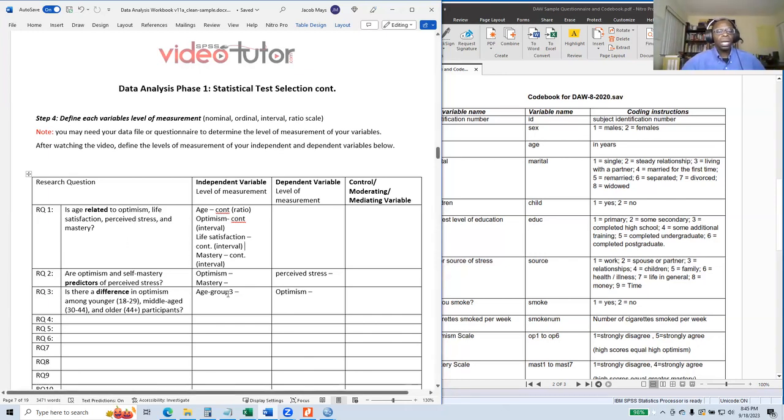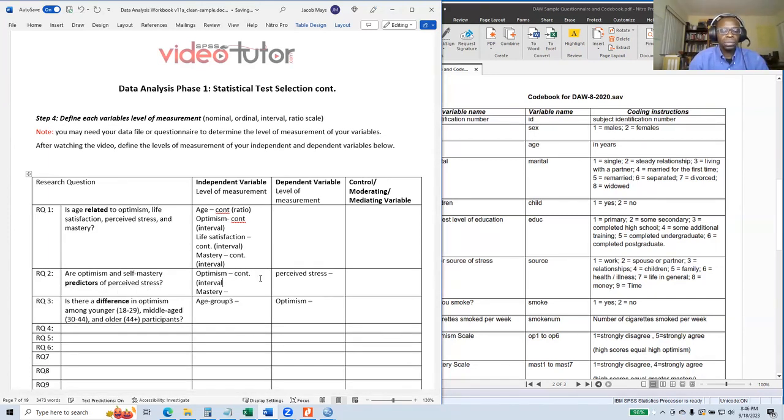Now, again, you can do this with any study that you're doing. You just fill in the information. Are optimism and self-mastery predictors of perceived stress? Again, optimism is a scale, so it's continuous and it's interval.